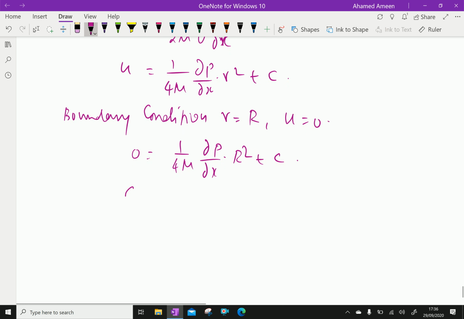Therefore c equals minus 1 by 4 mu dou p by dou x into R squared.